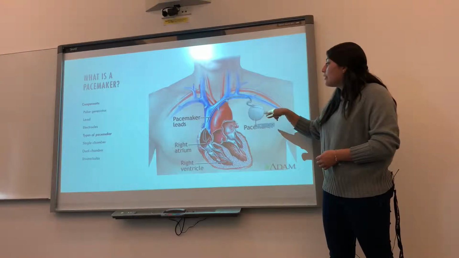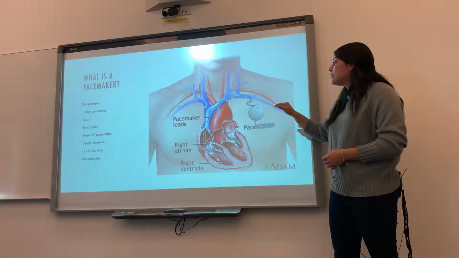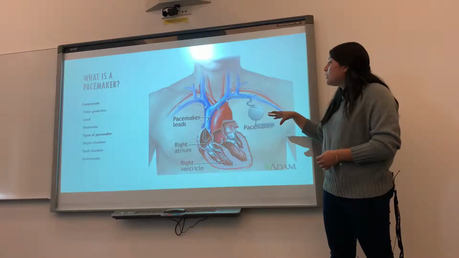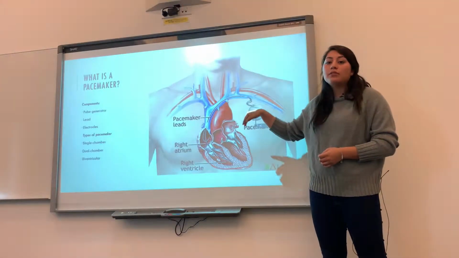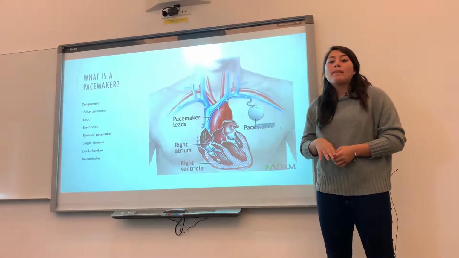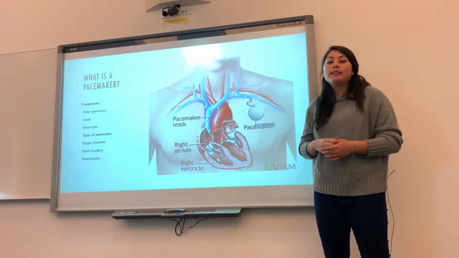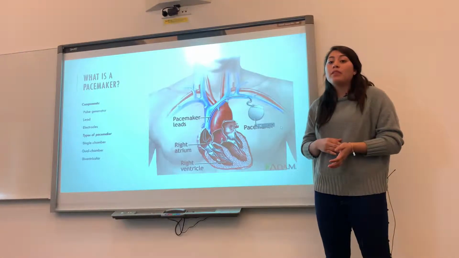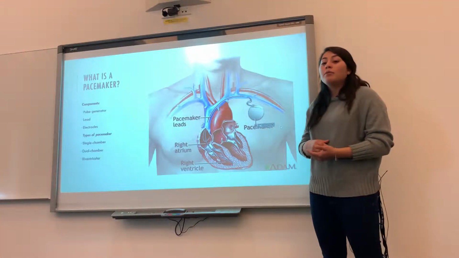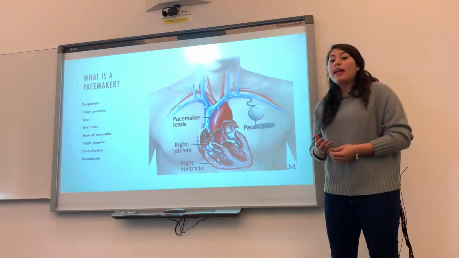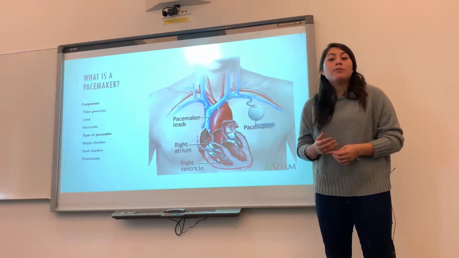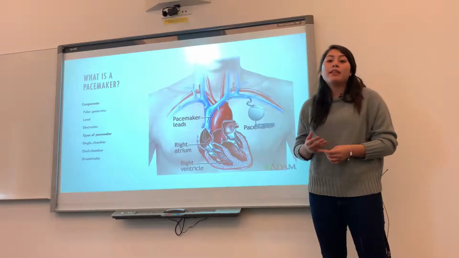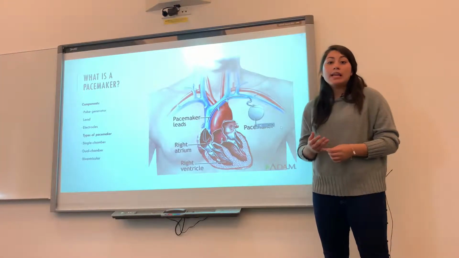The second component is a lead, which is a wire that is introduced into the heart through an artery, and it's attached to the right atrium. The third component is the electrodes, an anode and a cathode, and these two deliver the electrical impulse to contract the heart muscles and regulate the electrical conduction system of the heart.